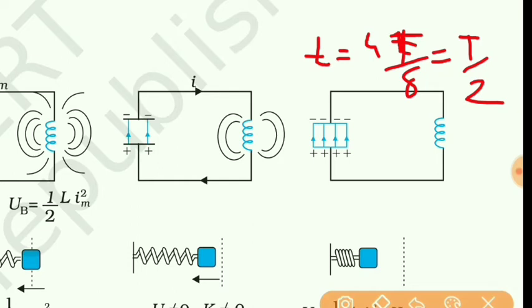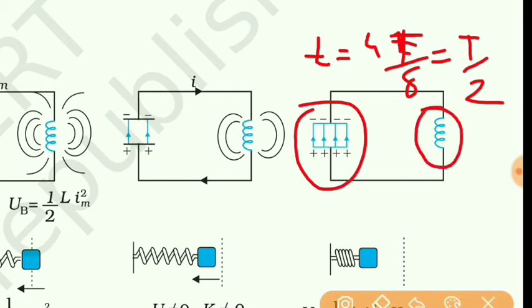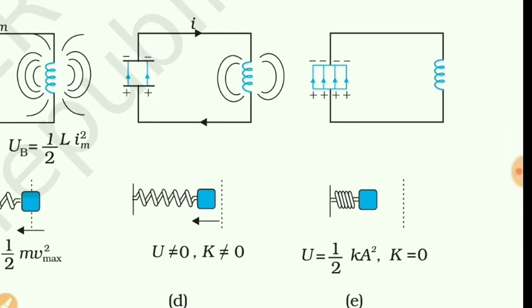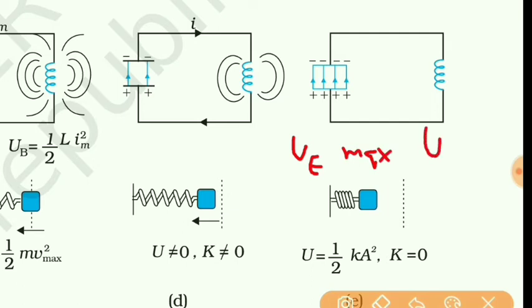So in that case, you can see now capacitor is completely charged and the magnetic field associated with the inductor is 0 because now the current is not there in the circuit. So in that case, now it is clear that once again the electric energy associated with the capacitor will be maximum, but energy associated with the inductor will be 0.